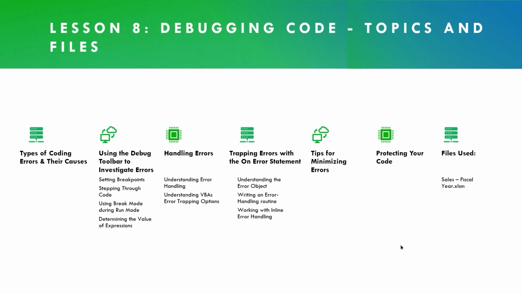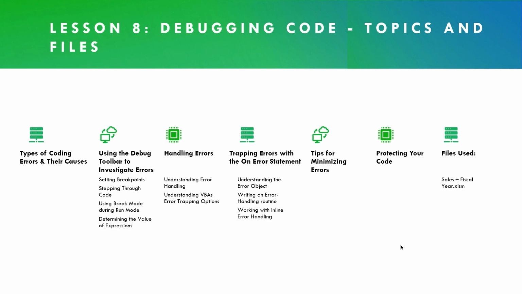In Lesson 8, you learned about the types of coding errors, logic, runtime, and syntax, and their causes. We also learned how to use the debug toolbar to investigate errors. You learned how to set manual breakpoints and step through code, and using break mode during run mode.